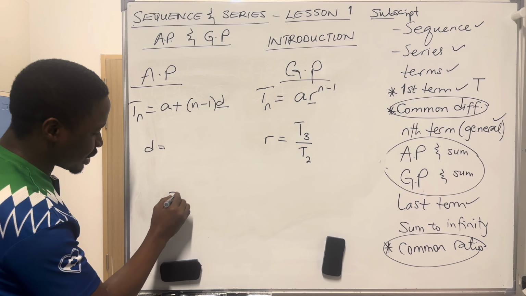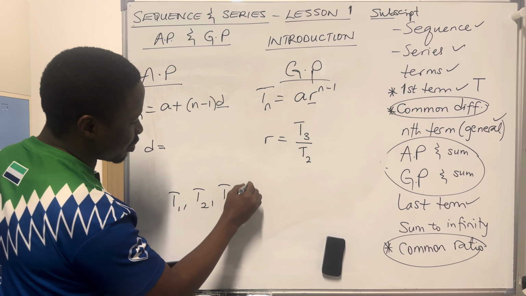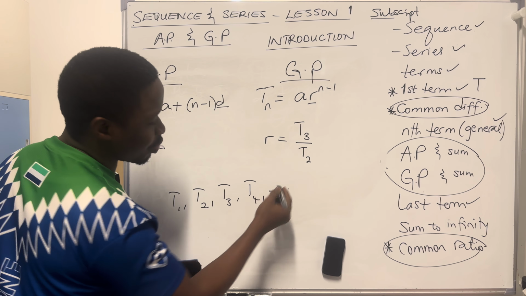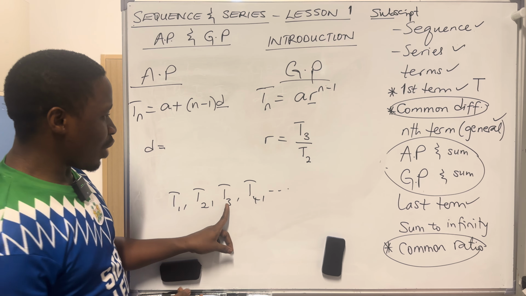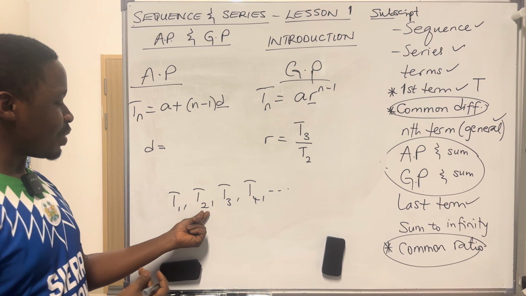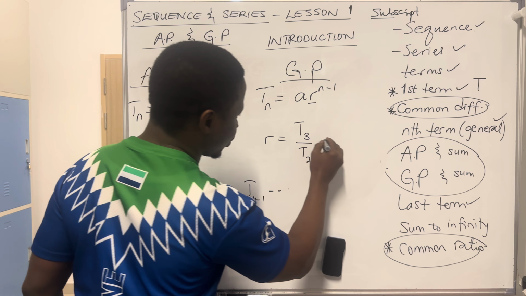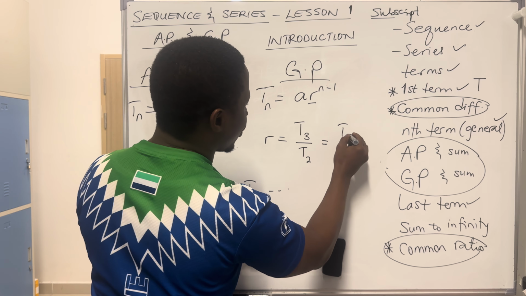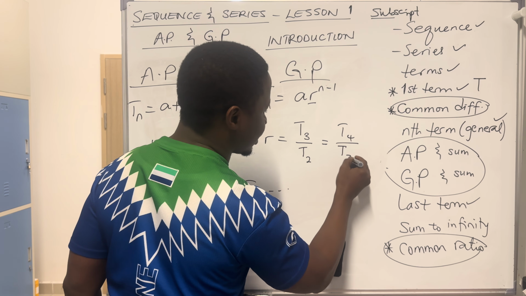Remember, we have first term, second term, third term, fourth term. Let's stop here. So common ratio is a particular term divided by the preceding. It is a must, but it has to be the immediate. So this divided by this. If you want, you can say T4, but once you say T4, it has to be over T3.